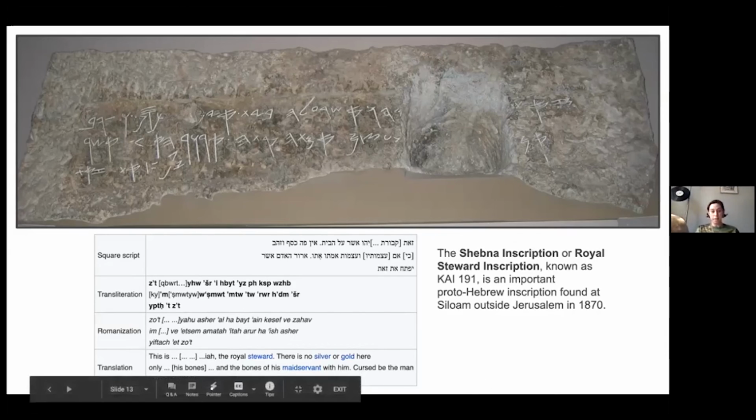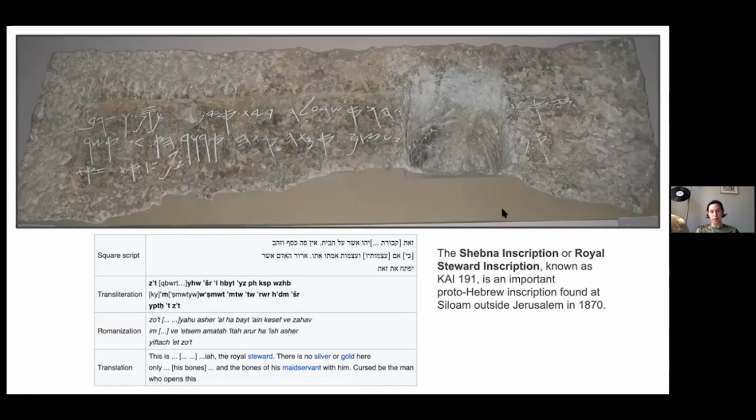It's kind of funny that it's just a name that's missing, right? And then there's no silver or gold here. So they're kind of saying, don't come in here, don't rob my grave because there's nothing in here. So it's just a guy and his maid servant. Just my bones and my servant. Yeah, cursed be the man who opens this. Interesting.